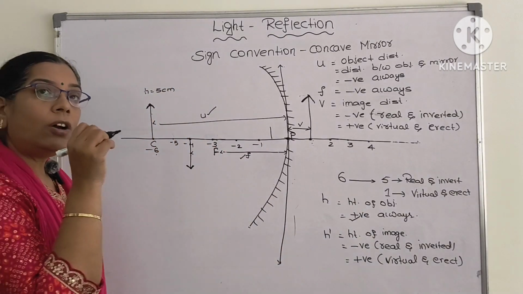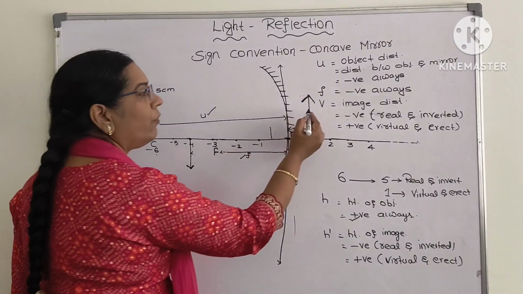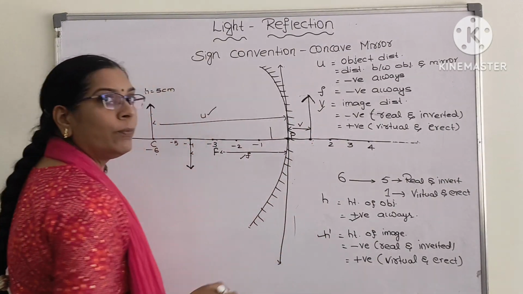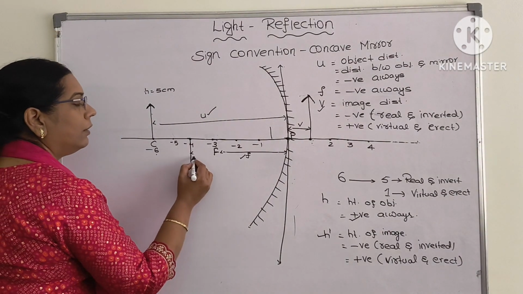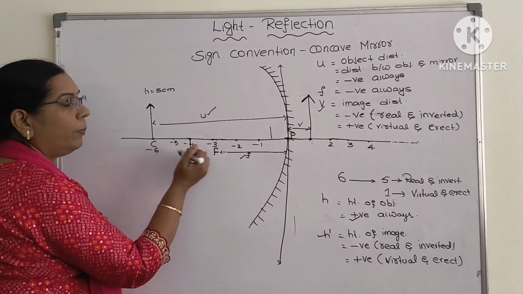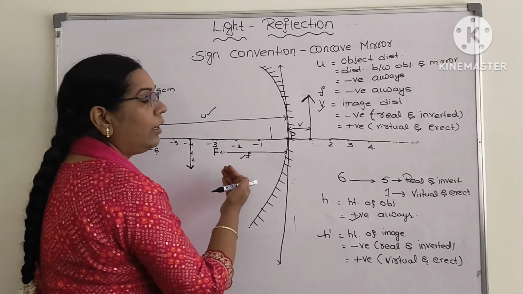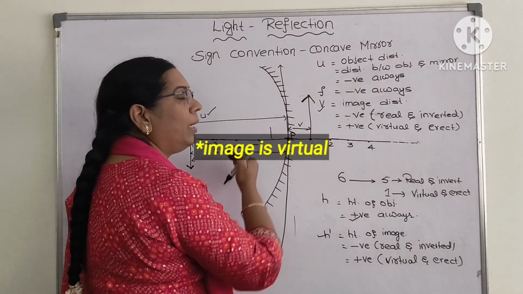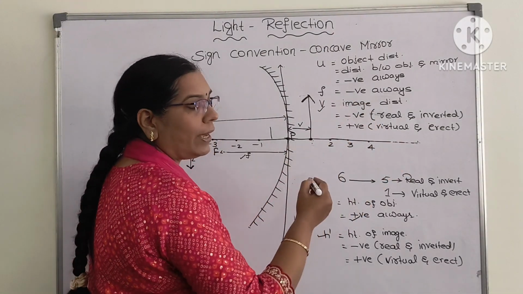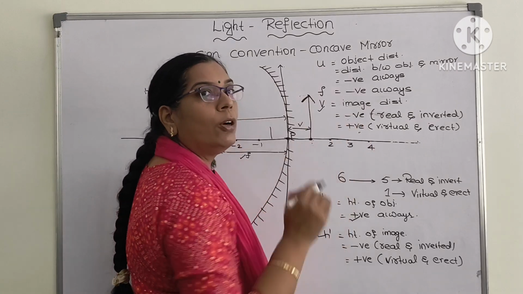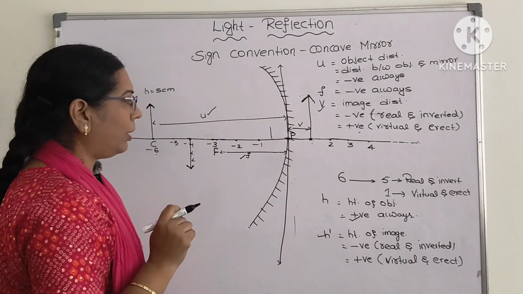Now, depending on whether you get a real or virtual image, some signs for V and H prime will change. If the image is real, then V will be negative because it will be falling again in front of the mirror. However, if the image is virtual, it will be falling on the other side, based on the positive x-axis. V will have a positive sign. Now, how about the height of the image?